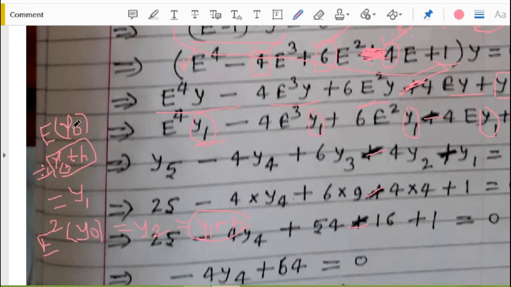But here is not the case. You remember, here is not the case. If you start from 0, you get 1. In the second you start from 0, then you get 2, y2. And therefore, if it is y1, then what you will get? Y5. Is it clear or not? This is most important.